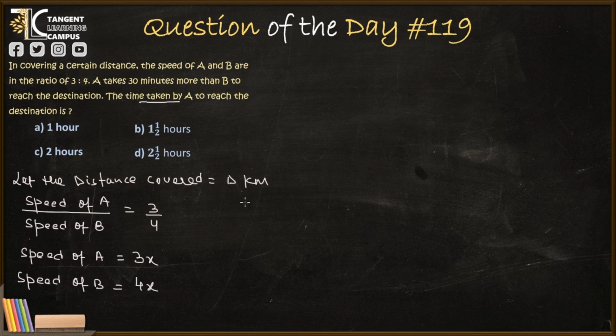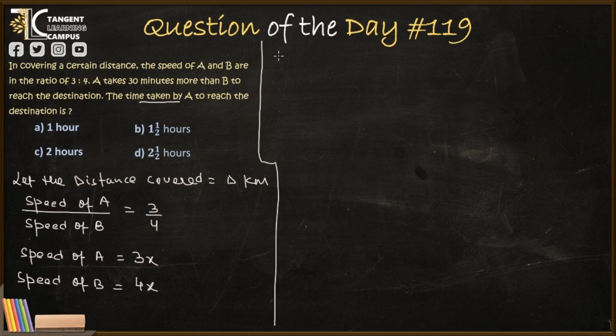Since we have taken distance in kilometer and the options are mentioned as 1 hour, 2 hour, 1.5 hour, 2.5 hours, this speed must be in the form of 3x kilometer per hour.